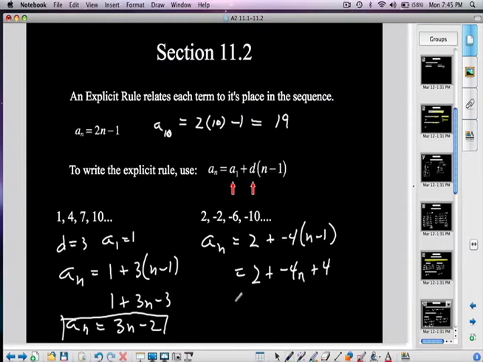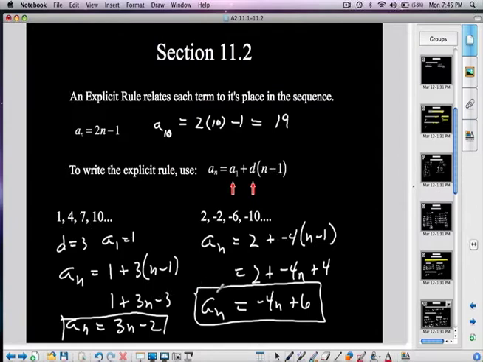So a sub n will be equal to negative 4n plus 6. If we wanted to check our rule to make sure it was right, you can see if I take 1 and plug it in for n to find a sub 1, negative 4 times 1 is negative 4, plus 6 is 2. It does work out to give me the same term. And likewise if I go through and check the other terms.